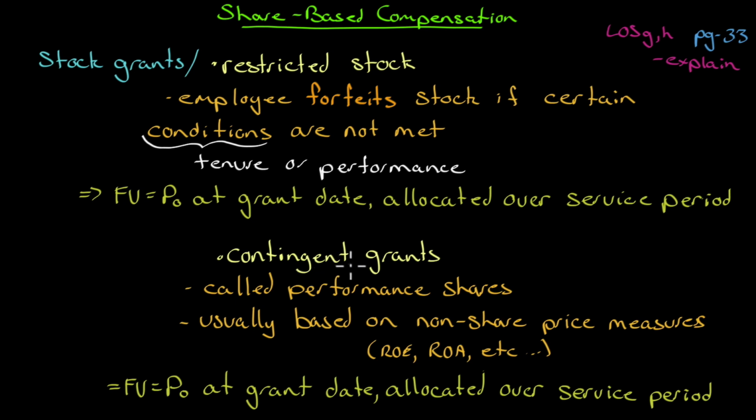Look at contingent grants, moving from restricted to contingent grants. These are called performance shares, usually based on non-share price measures like ROE or ROA. Again, accounted for the same way. The argument for the contingent grants over the stock options or outright awards is the CEO probably has a limited impact on the actual market value of the company, but has a lot more control over other measures, accounting measures such as ROE, ROA.